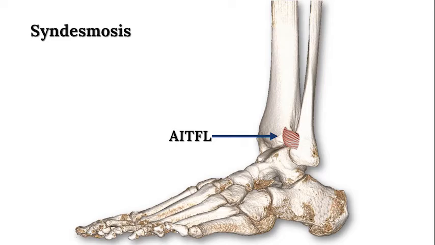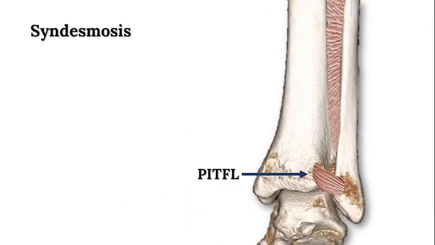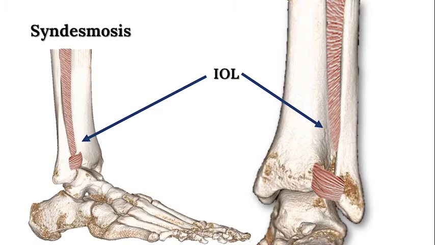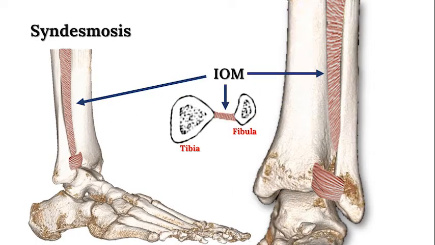Predominantly anteriorly, the anterior inferior tibiofibular ligament is the main component. Posteriorly, there's a complex of ligaments made up of the posterior inferior tibiofibular ligament, the inferior transverse ligament, and then the interosseous ligament, which continues as interosseous membrane as you move more proximally.